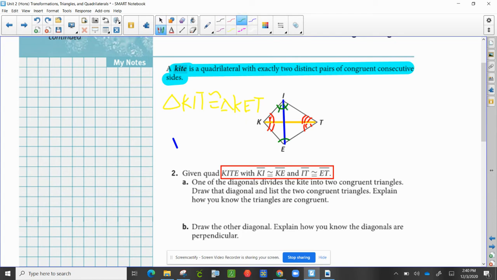So those and those. So it does bisect your angles as well.